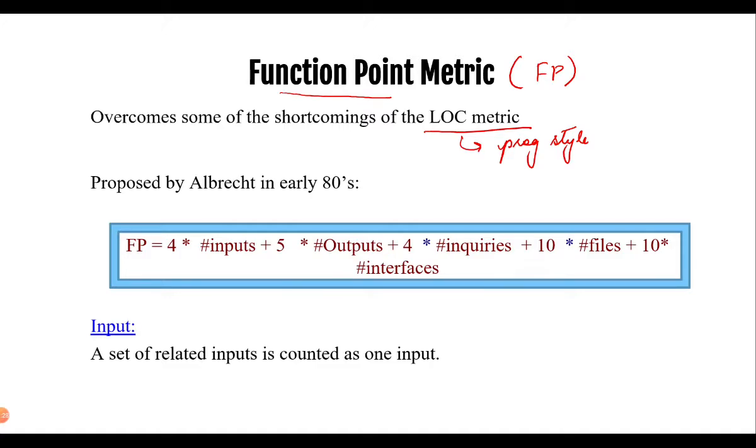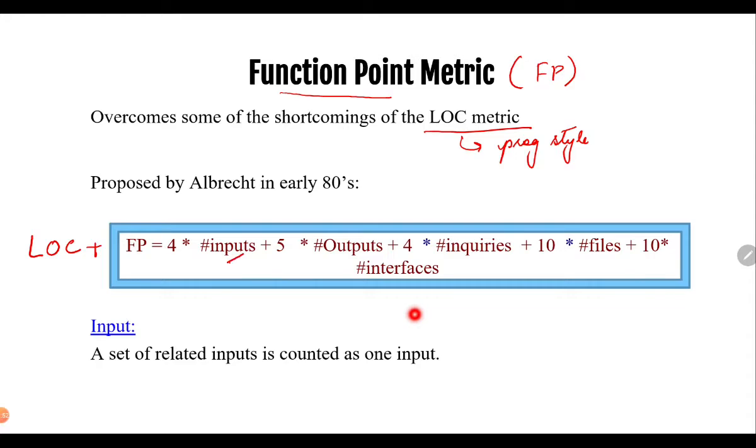So whenever we are estimating the size or the cost of the entire project, we will be considering LOC plus the function point metric. Function point metrics will be considering 5 other different parameters related to a particular program.